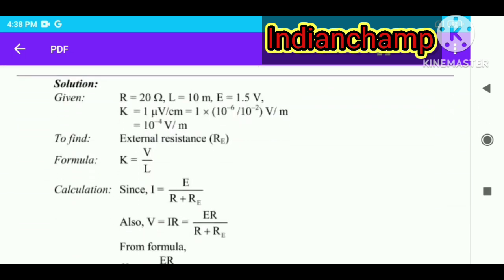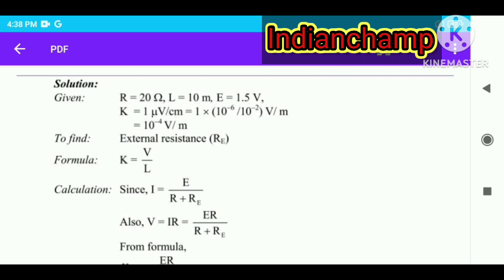Solution. Given R is equal to 20 ohm, L is equal to 10 meter, E is equal to 1.5 volt, K is equal to 1 microvolt per centimeter, which is 1 into 10 raised to minus 6 volt per 10 raised to minus 2 meter, that is equal to 10 raised to minus 4 volt per meter.